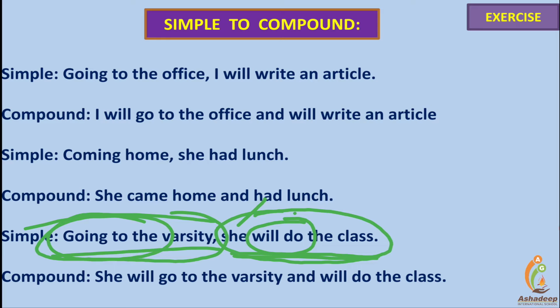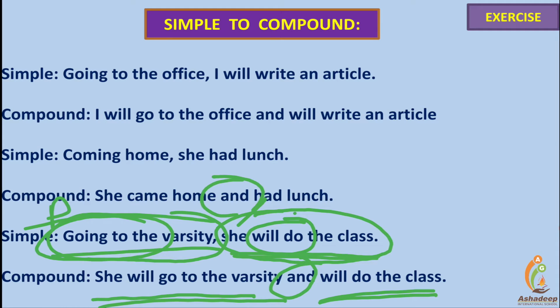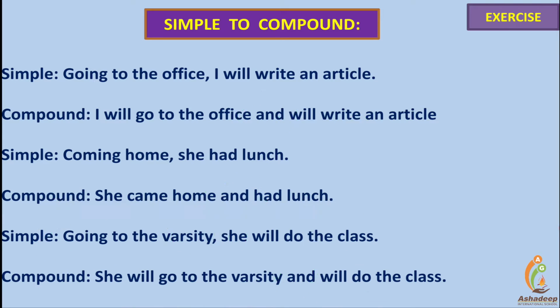Going is a participle, not a finite verb. So friends, let us convert this phrase into a sentence. Going to the varsity means she will go to the varsity and will do the class. Connected with and. All the sentences are connected with and. So and is a coordinating conjunction which makes a sentence compound.